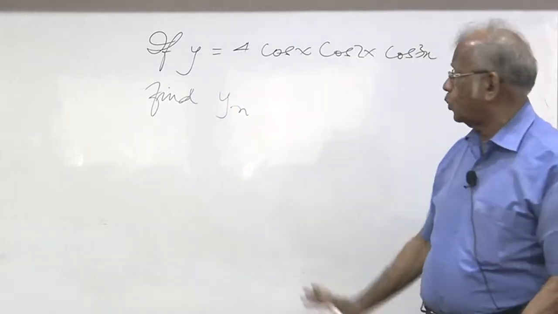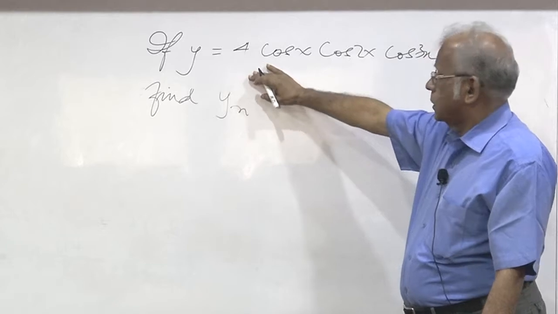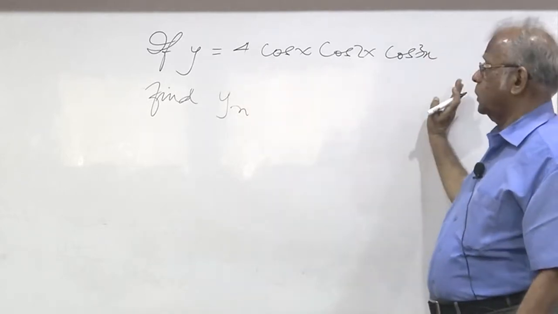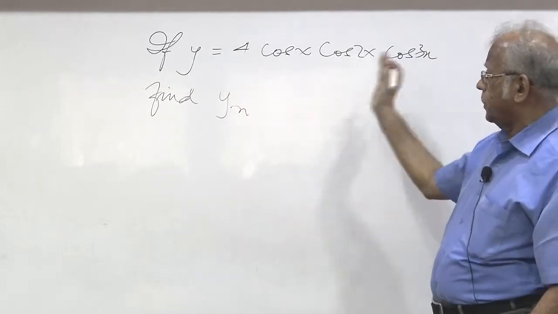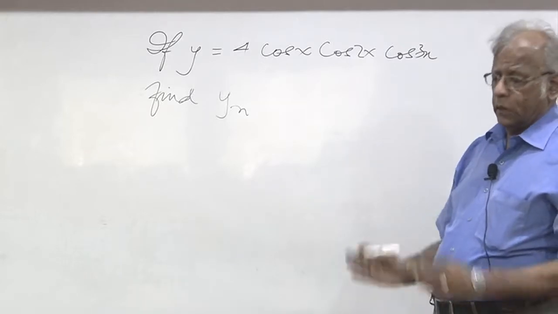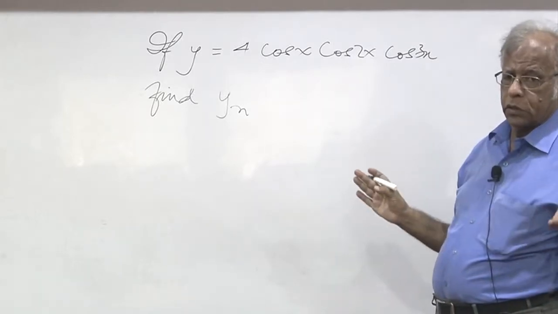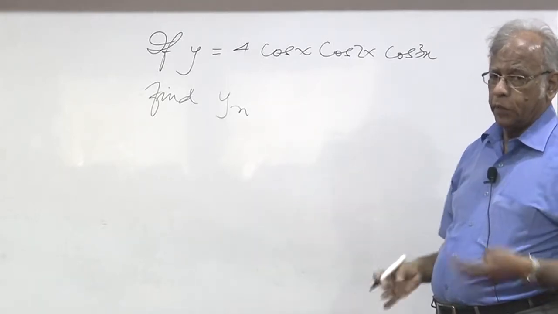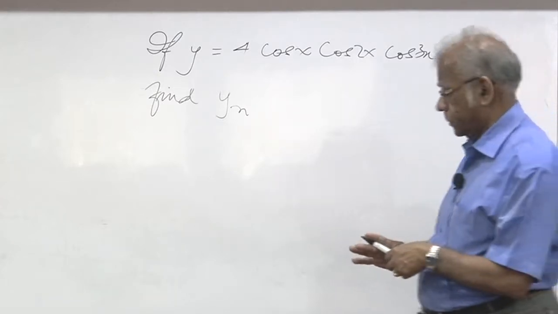The only thing is how to transform this complex looking function into simple cosine functions, linearly connected, that means added and subtracted to each other.